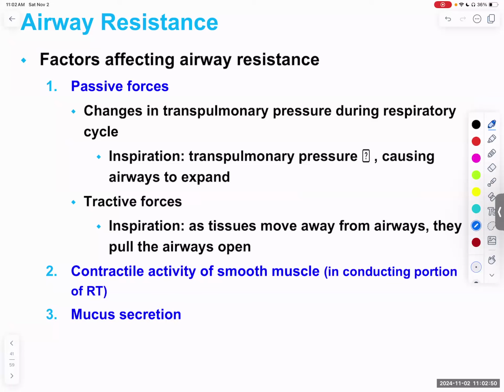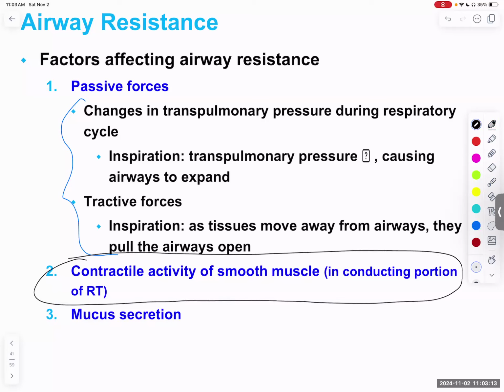So things that affect resistance, they're passive forces. Moment to moment, not really an issue. The main issue is the smooth muscle of the conducting portion of the respiratory tract, right?